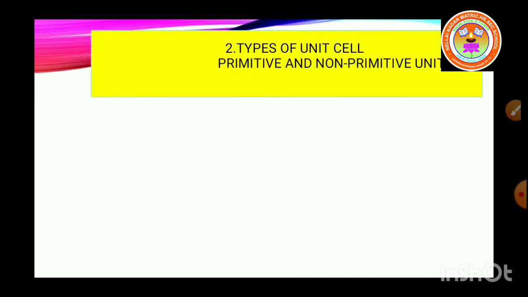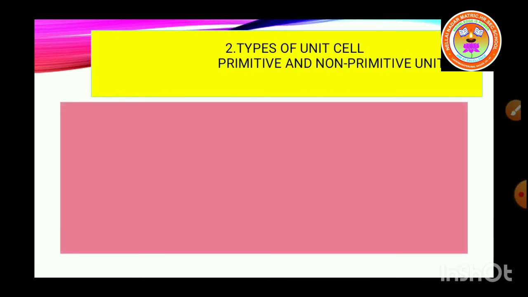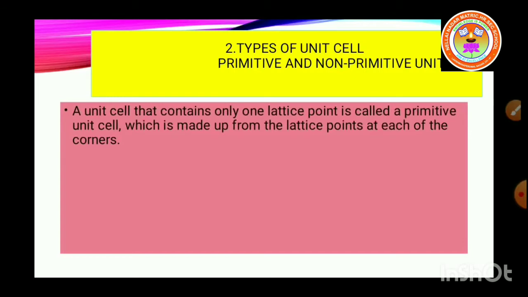What is the next topic? Types of unit cell. See here, there are 2 types of unit cell. One is primitive unit cell, another one is non-primitive unit cell. What is primitive unit cell?